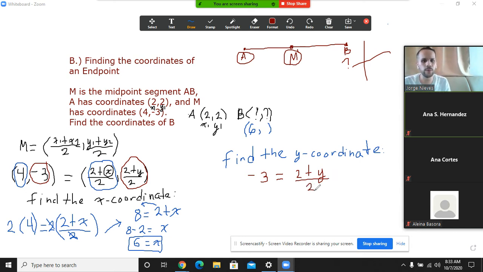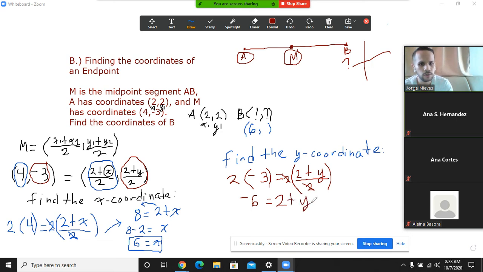So how do I get rid of 2? The same way. I'm gonna multiply by 2 in both parts, in both sides. Because I wanna get rid of that 2. Okay, so 2 times -3 is -6. Okay, and what I have left in the other side is 2 plus y.